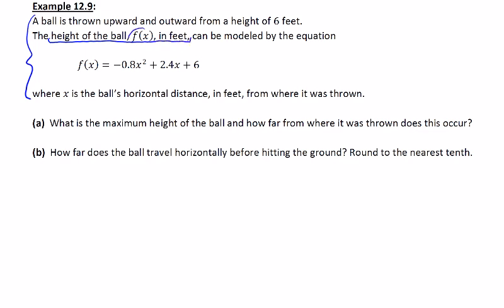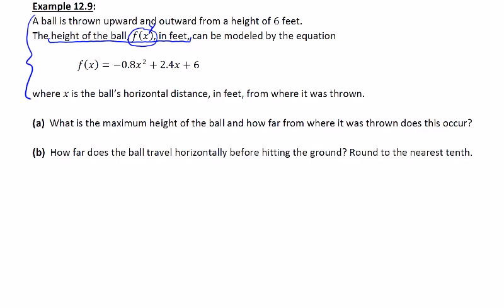And this is important because f of x represents the y value when we think about the graph in the Cartesian coordinate plane. Now specifically for this problem, the f of x is meant to represent the height of the ball. And it says here it can be modeled by the equation, and then the equation is given to us.